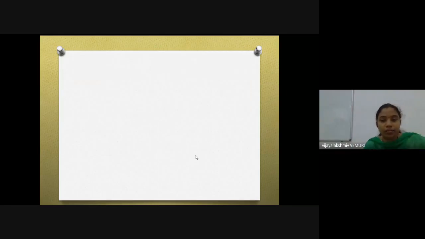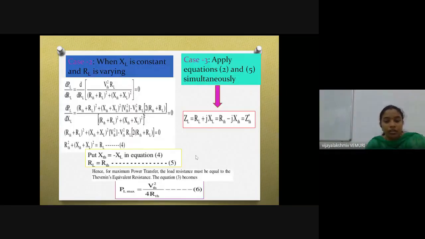If you have any doubts, you can ask me. Yes. No, ma'am. Okay, you just remember that whenever power is transferred, it has to be absorbed by some element. Whenever power is coming from the source, it has to be absorbed by another element. Always the power will be absorbed by the resistance part of the impedance. Power will not be absorbed by the reactive part of impedance.